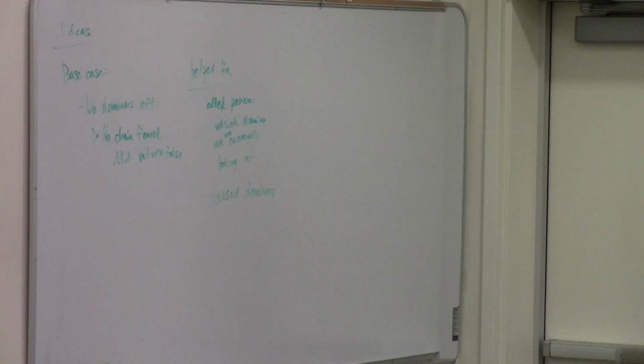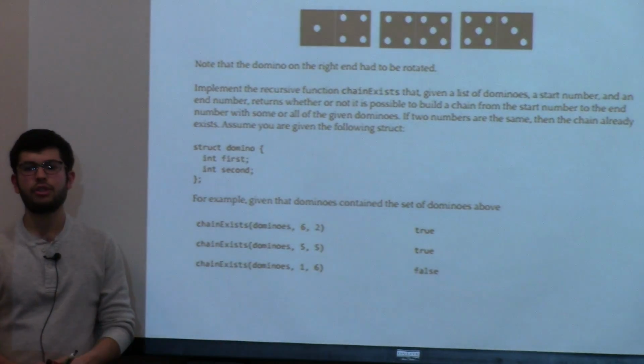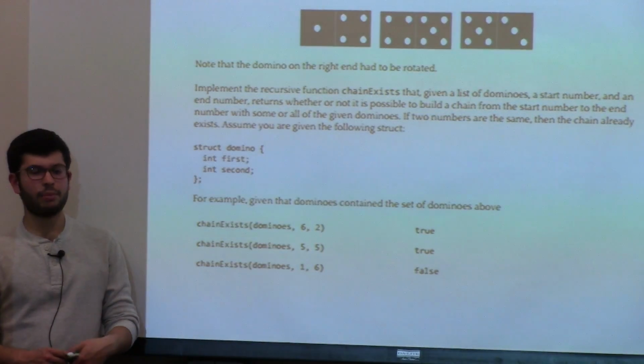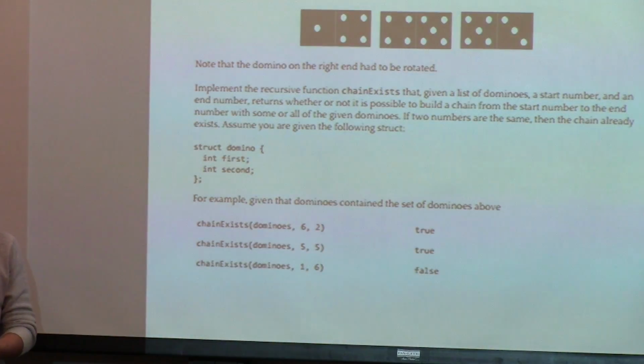You're seeing not only whether the chain exists among all the dominoes, but can you start at one number and end at a different number specifically? Does that make sense? So given that, how might you amend what you were saying as a different base case?